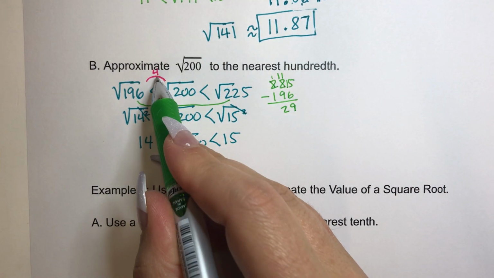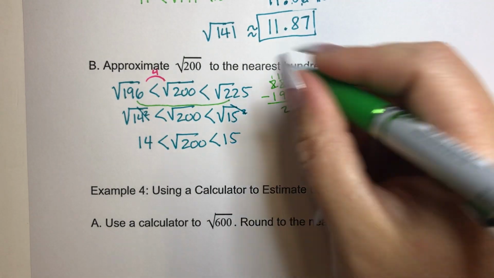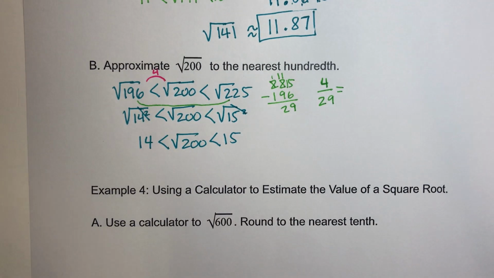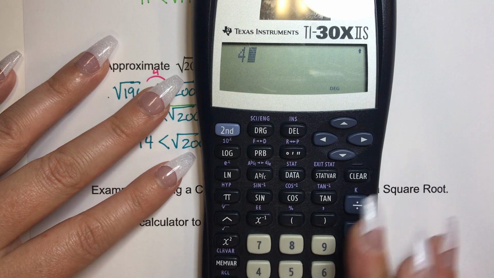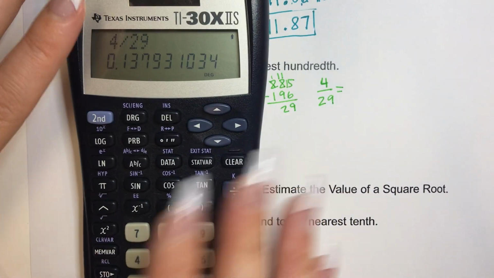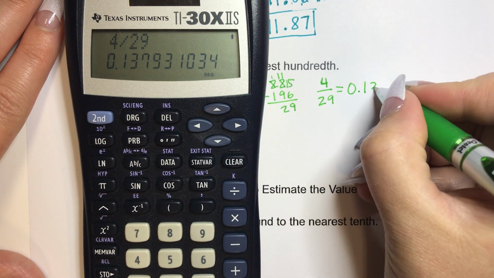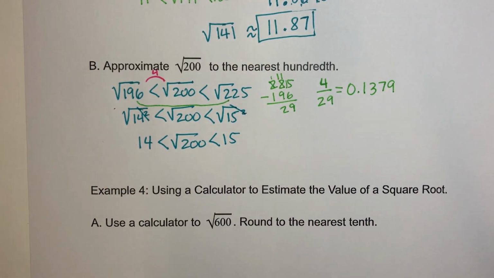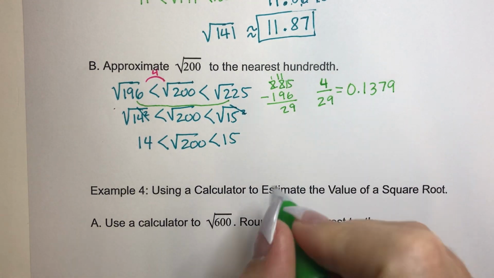So we take this fraction, 1 over 29. What is 1 divided by 29? I know I could figure that out, but I'm just going to use the calculator for right now. 1/29 is the same as 0.1379. Then we combine: we know it's going to be 14, and hey, 14.1.